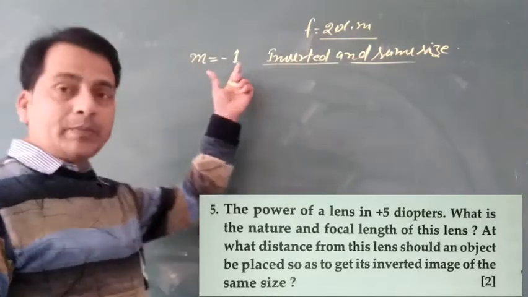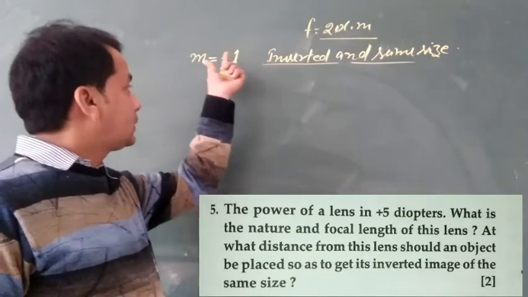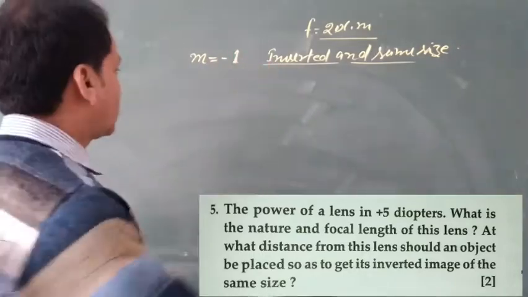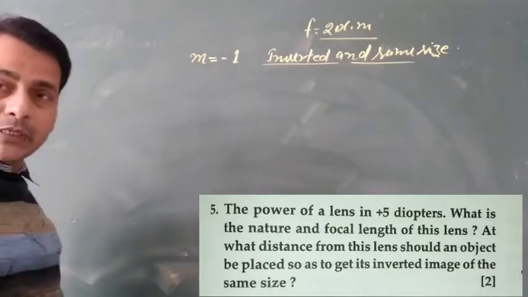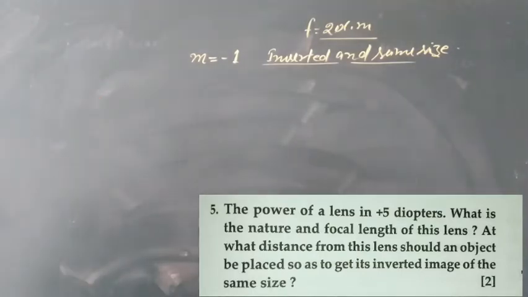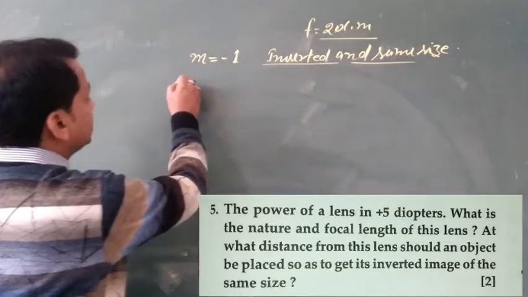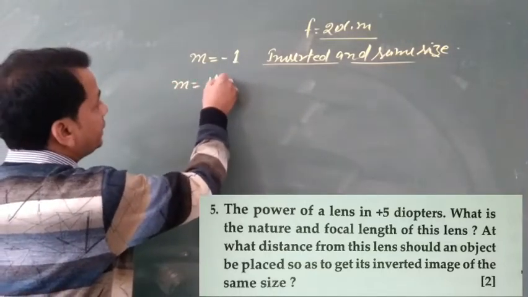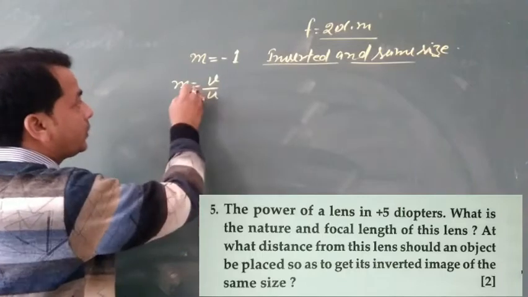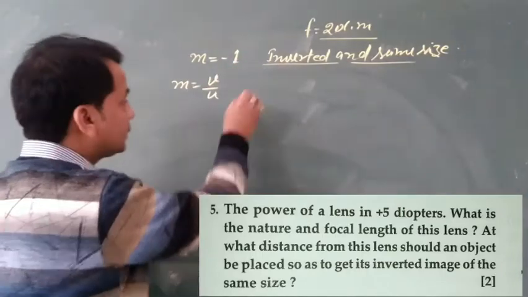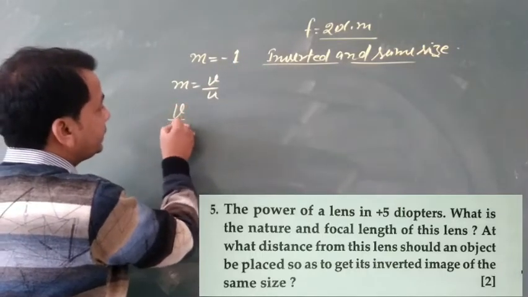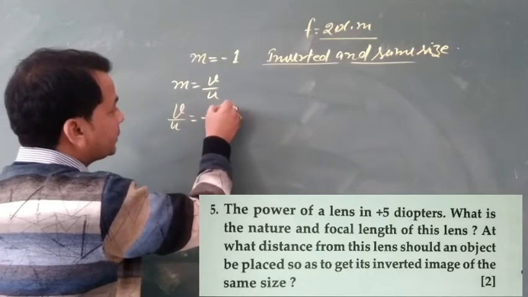The formula of the magnification is m equal to v by u. The value of the magnification is -1, so v by u equal to -1.